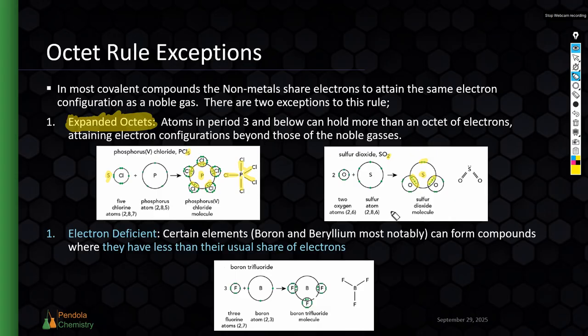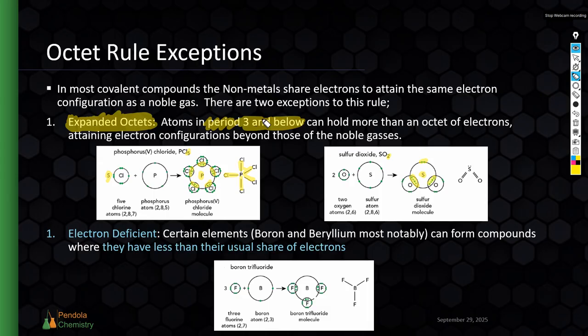This can only happen because sulfur is in period 3 or below. Elements in period 2 and period 1 cannot do this. Hydrogen cannot do this. Oxygen, nitrogen, fluorine cannot do this. Only elements in period 3 and below can form expanded octets.